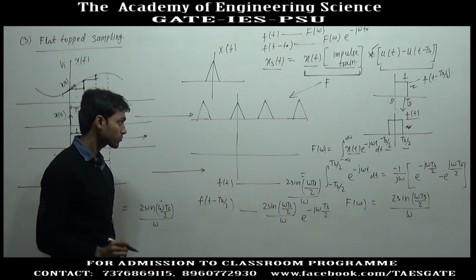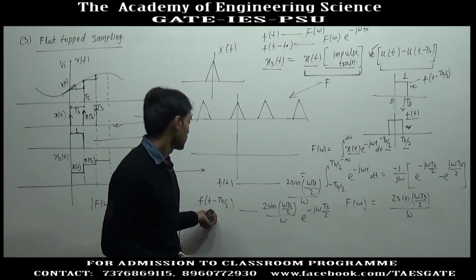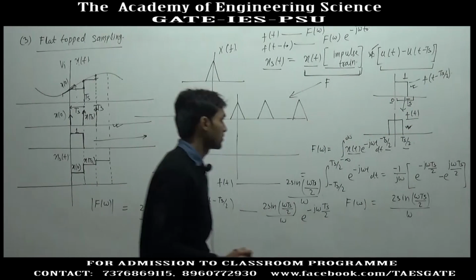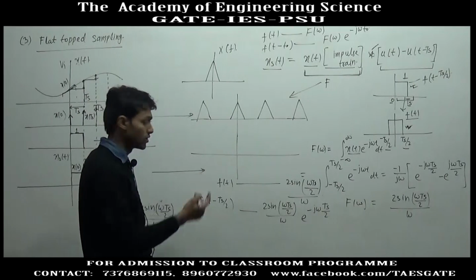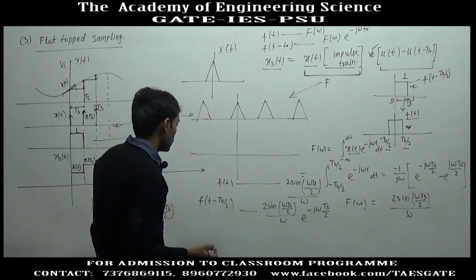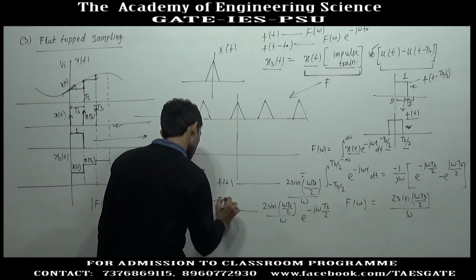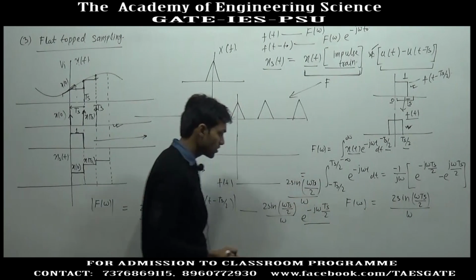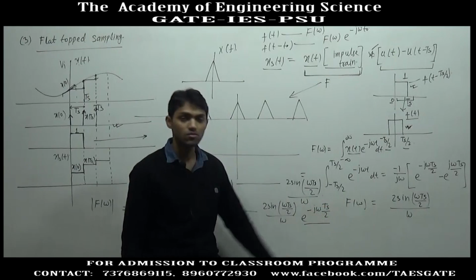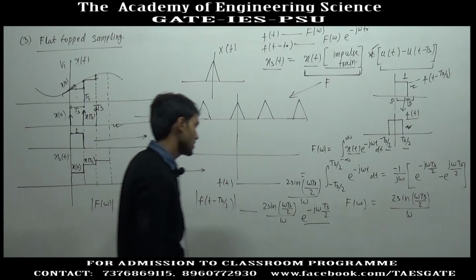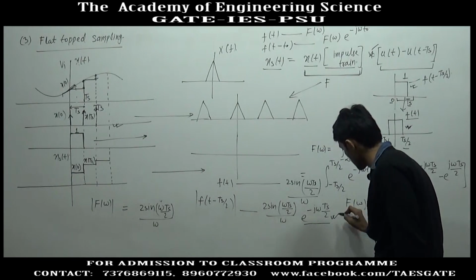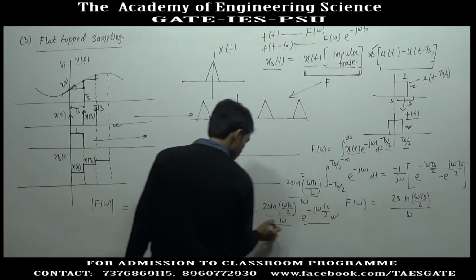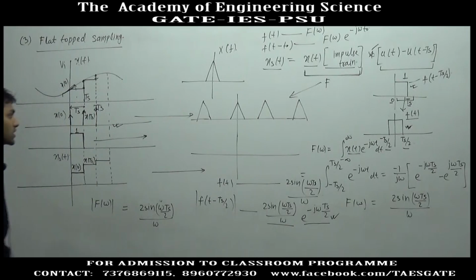Now, this is the signal for which we want to take the Fourier transform. Now, if we take the modulus of this, the modulus of e to the power minus j omega Ts by 2 is 1. This has only phase contribution, no magnitude contribution. So, if we take the magnitude, we will again get 2 sin omega Ts by 2 divided by omega.